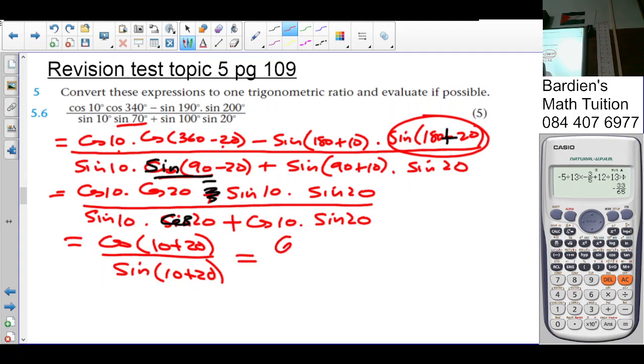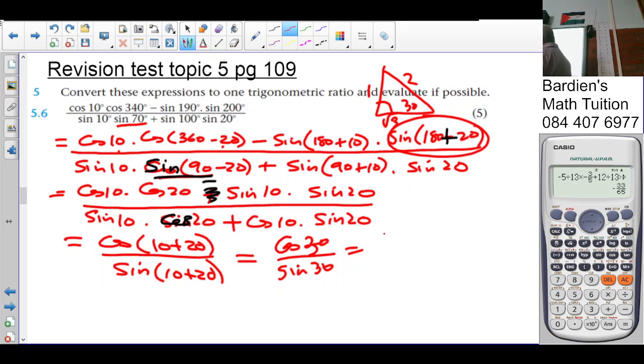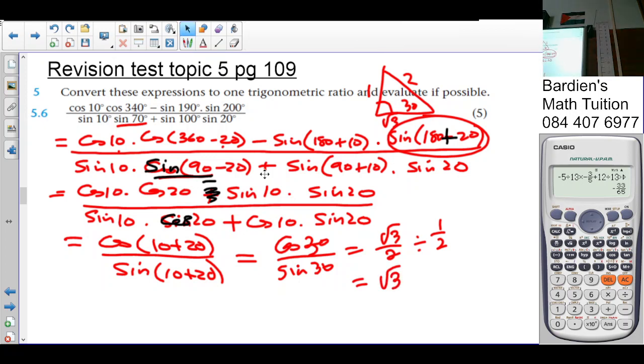So it's going to become cos of 30 over sine of 30. Again, that takes us to the special triangle then. So it's 1, 2, root 3. So cos of 30 is root 3 over 2, divided by sine of 30, which is 1 over 2. That gives you an answer of root 3 over 1, which is root 3. Okay.